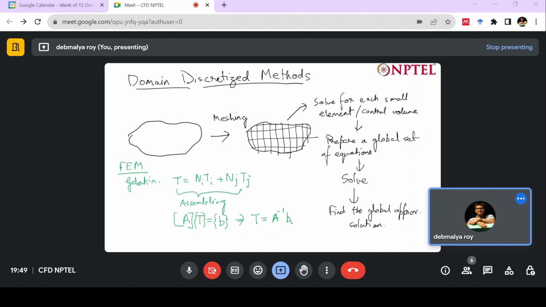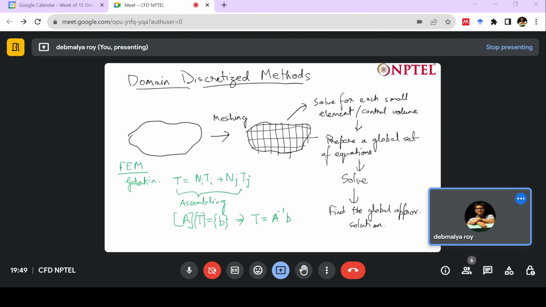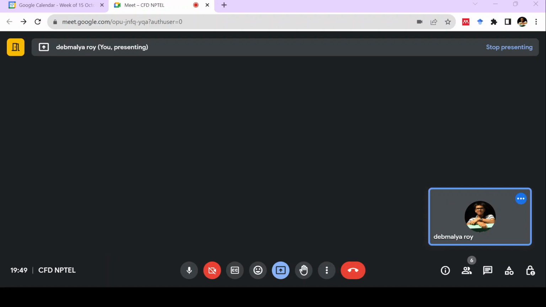So this is the story of FEM, and also of the other methods. What are the other methods that we had discussed? We had discussed FDM, the finite difference method.